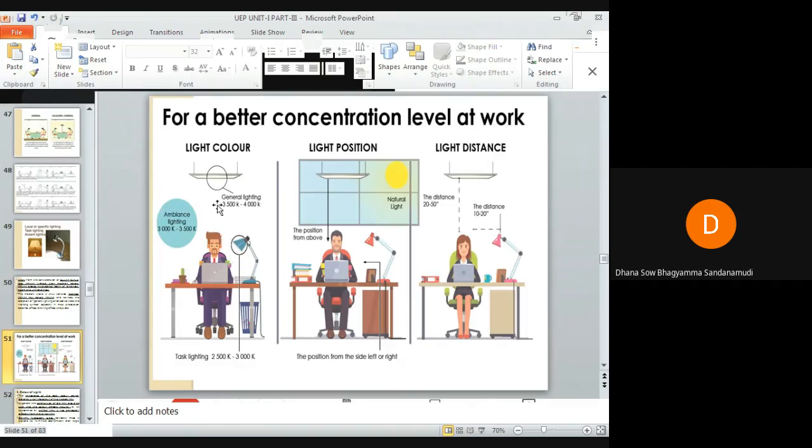So you can see this image. In this image, a person is doing his work. Generalized lighting is there, around 3500 K to 4000 K, and this lamp is of 2500 K to 3000 K. So this is the localized lamp, this is the general lamp.